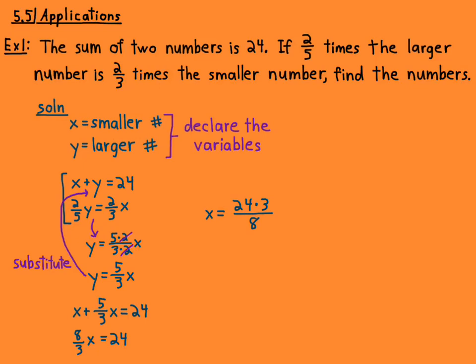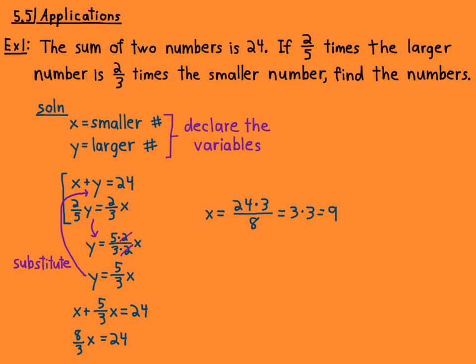And you get that. Now I want to reduce because there's a factor of 8 in there. I reduce, I get 3 times 3 is 9. Okay, because 24 over 8 is 3. So that's just 3 times 3, 9.